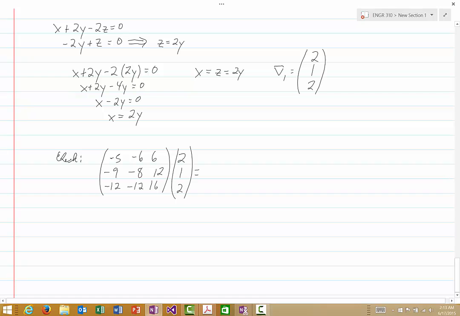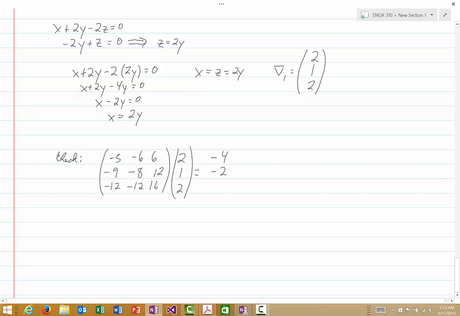So now if we multiply that matrix times this V1, what do we get? Okay, negative 5 times 2 is negative 10, and negative 6 is negative 16, and 12 is negative 4. Negative 18 and negative 8 is negative 26, and 24 is negative 2.